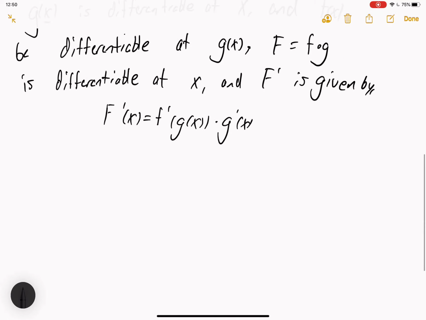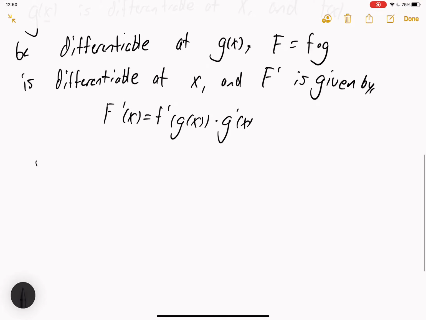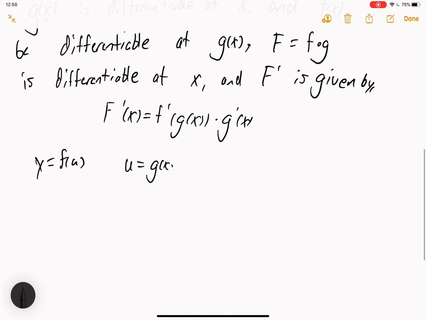So, if you remember Leibniz notation, the dy dx notation. If we have y is equal to f of u, and then u is equal to g of x, then we can find dy dx as equal to dy du.